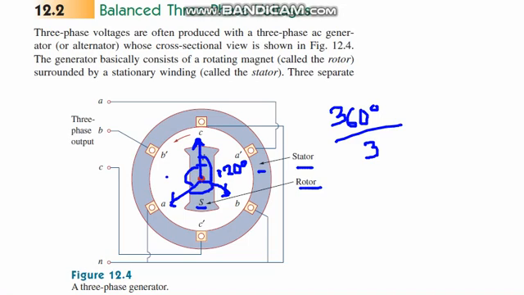All 120, and this is also 120. Each of the phases has a neutral and a phase input. We can put a neutral at A, so that is phase A dash, and this will be the first phase output.